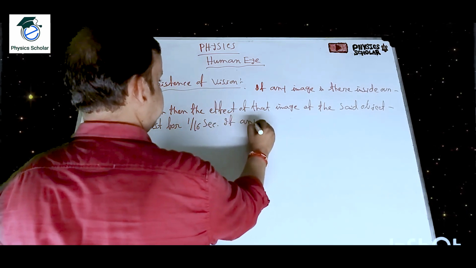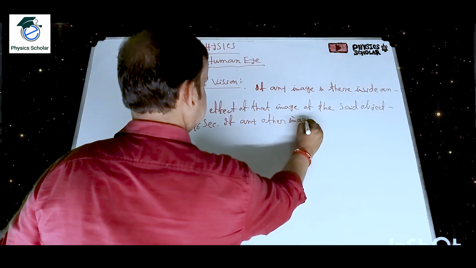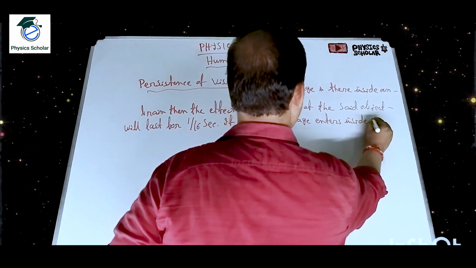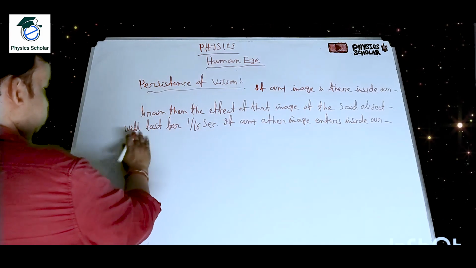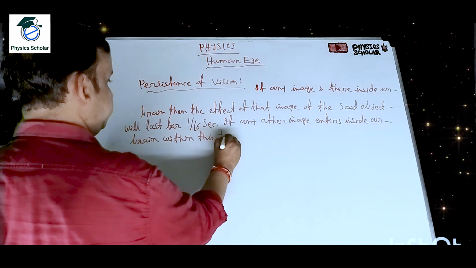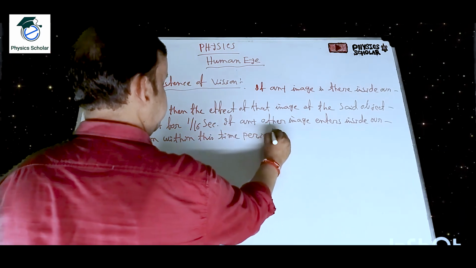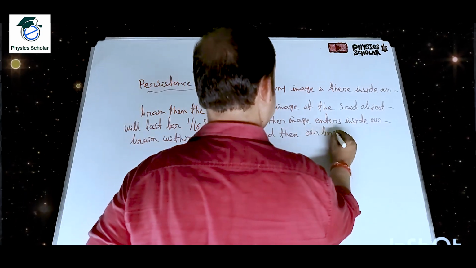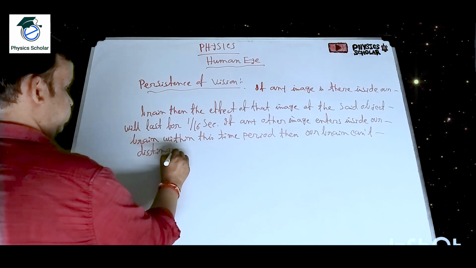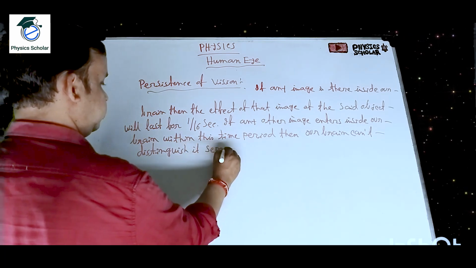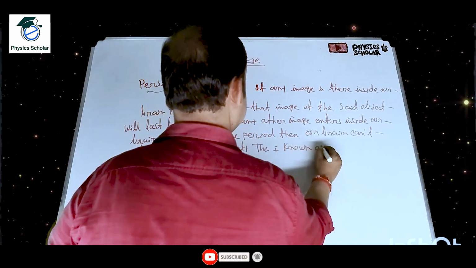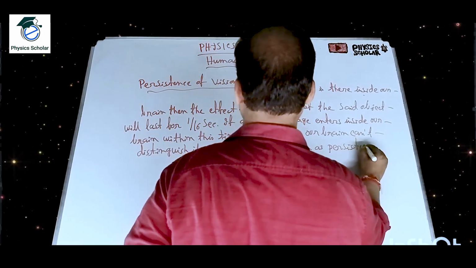If any other image enters our brain within this time period, then our brain can't distinguish it separately. This is known as persistence of vision.